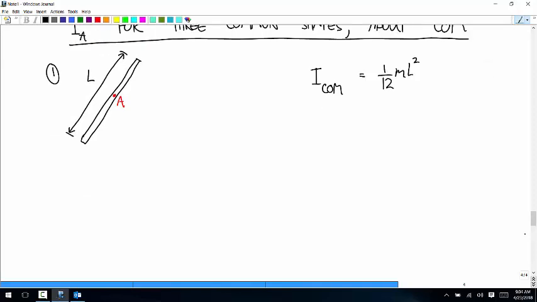Then the second important shape is a rectangle rotated about its center of mass, which is the middle.